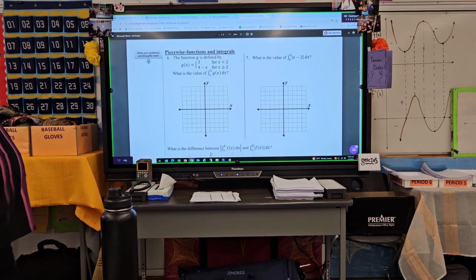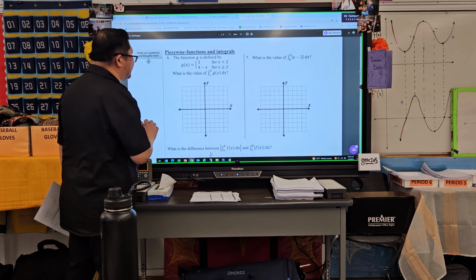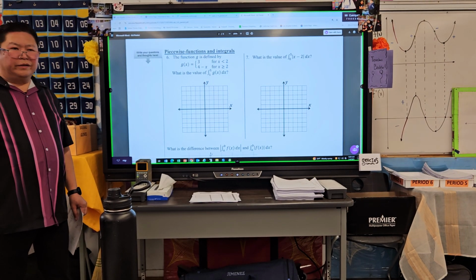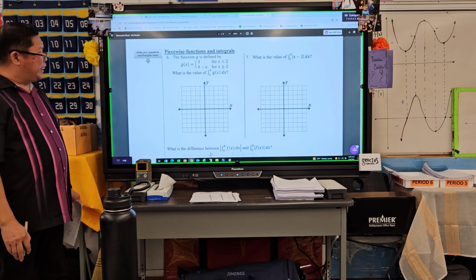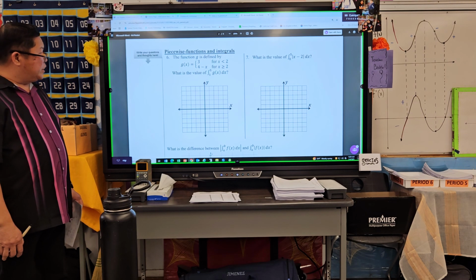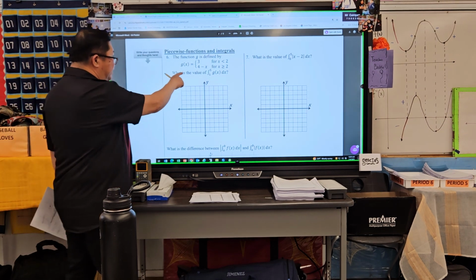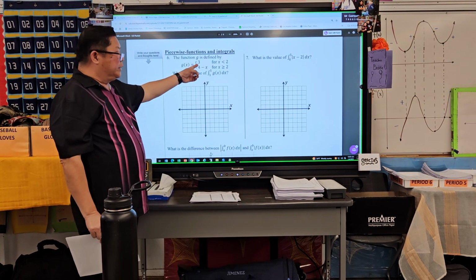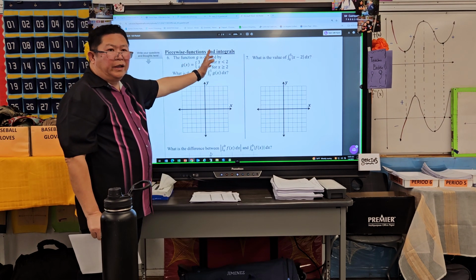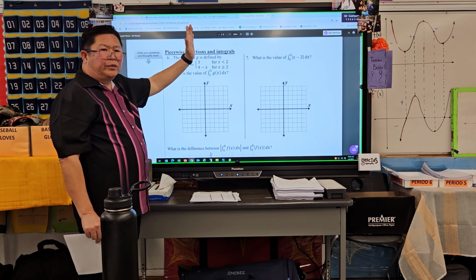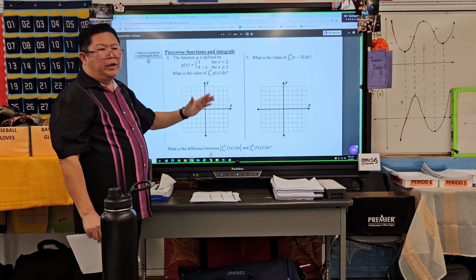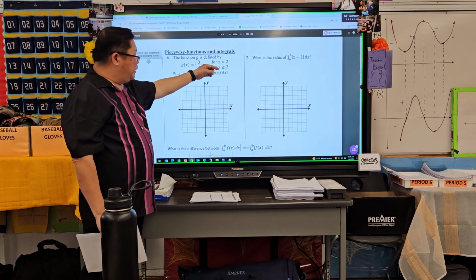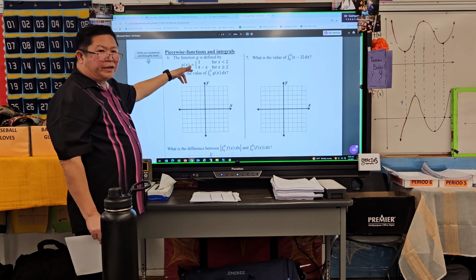Okay. Let us graph this piecewise function. Are you guys ready? So, piecewise functions and integrals. The function g is defined by g of x. The first function is g of x equal to 3. I'd like you to recall what we learned in pre-calculus. To graph this one, this is y equals 3, right?